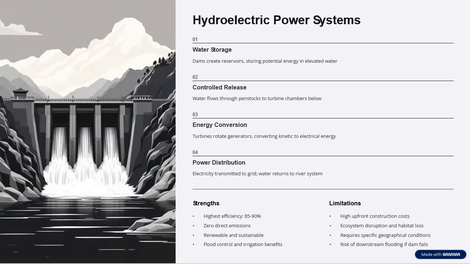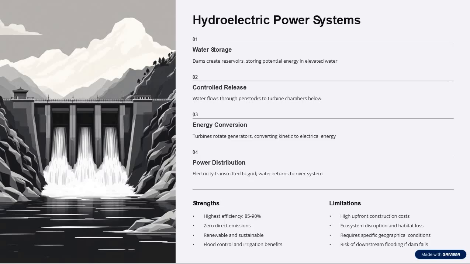It needs controlled pressure because there is a possibility of damage to the water turbine. Energy conversion: the turbine rotates the generator, converting the kinetic energy of water into electrical energy. Power distribution: the electricity is transmitted to the grid, and water is returned to the river by the channel.